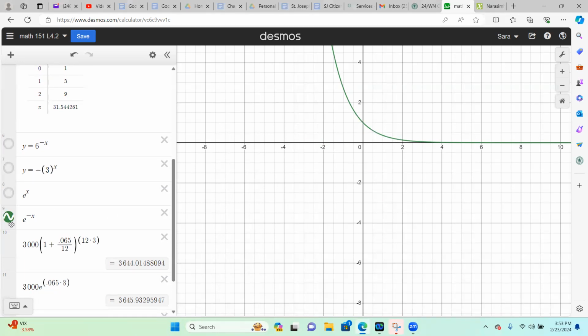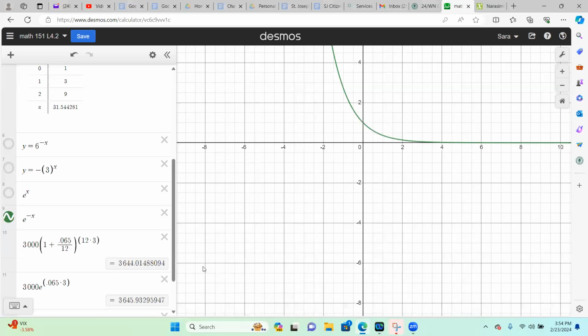So this one right here has a similar look to that one. Y goes to 0 as x goes to positive infinity, and y goes to positive infinity as x goes to negative infinity.